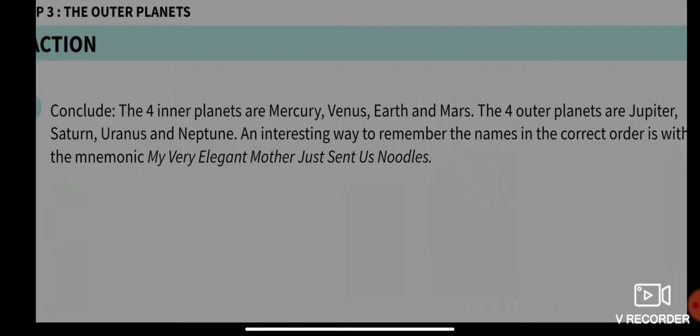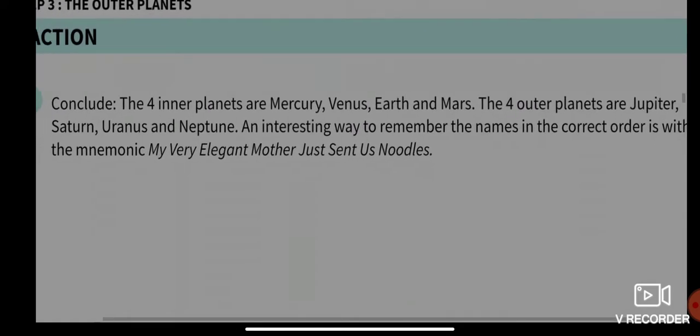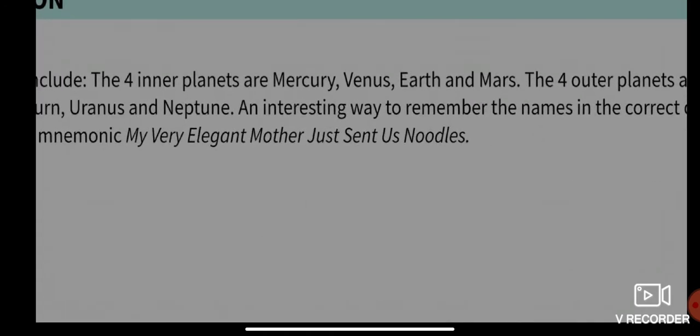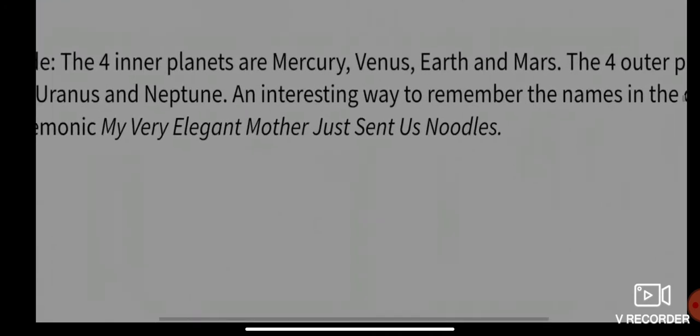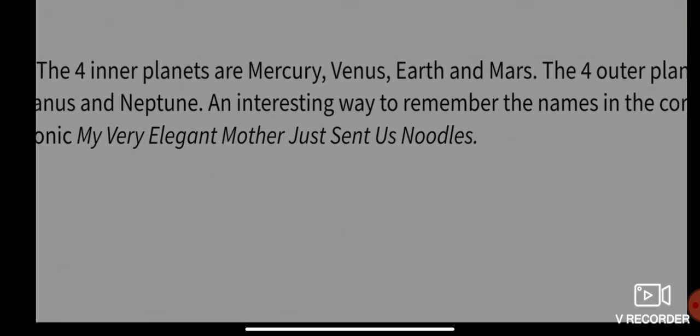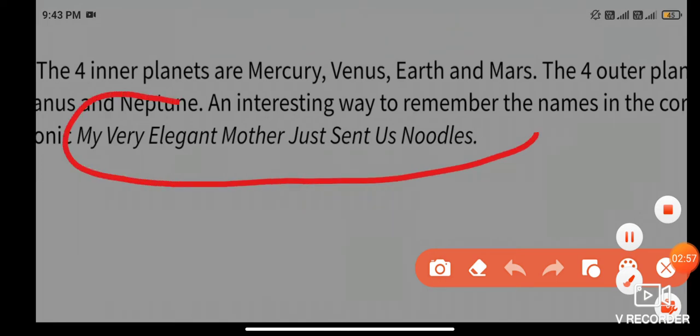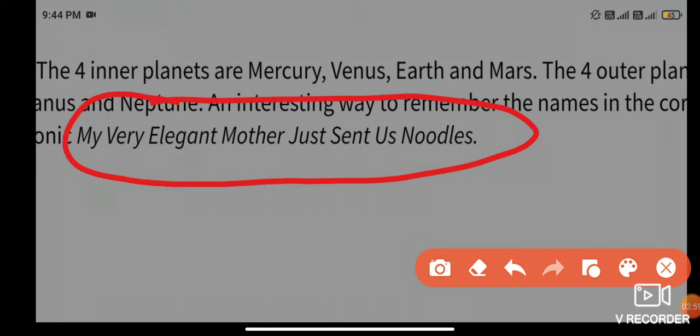So, an interesting way to remember the names in the correct order is with a mnemonic. My very elegant mother just sent us noodles. So it is a very interesting way where you can remember the 8 planets easily, by this mnemonic. Okay, my very elegant mother just sent us noodles.